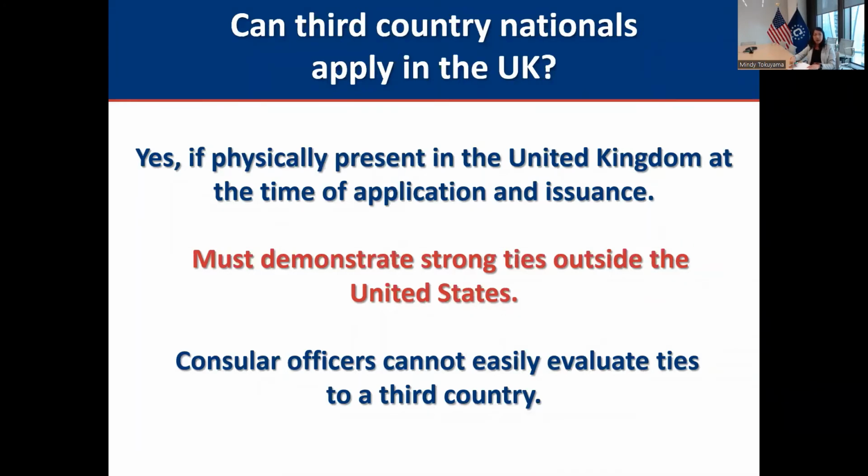You are permitted to travel from a third country and apply for a visa interview in London or Belfast. However, know that it is much harder for a consular officer to assess your ties to your home country, and thus whether we'll be able to determine whether you overcome 214B. So at your interview, you should be able to demonstrate strong ties outside of the United States, strong ties to your home country or to the UK.